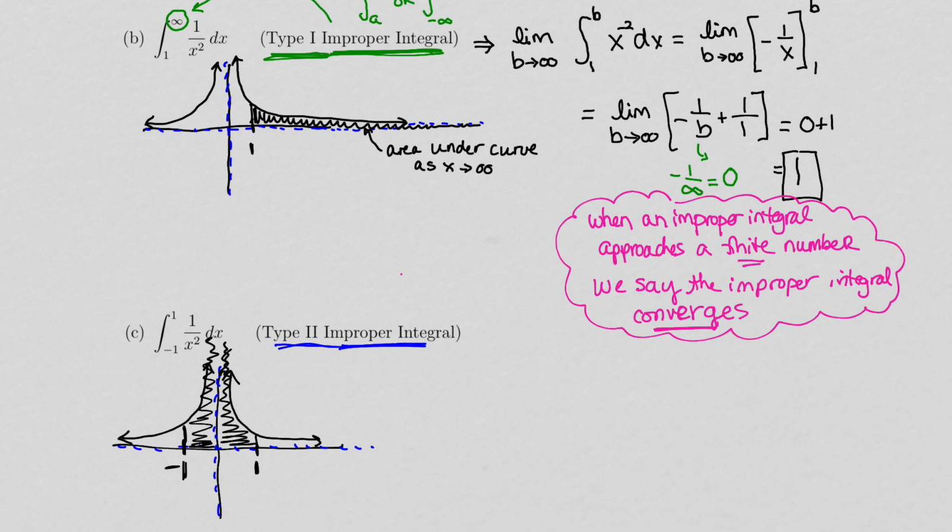In type 2 improper integrals, there is an infinite discontinuity occurring at some c in the interval of integration.